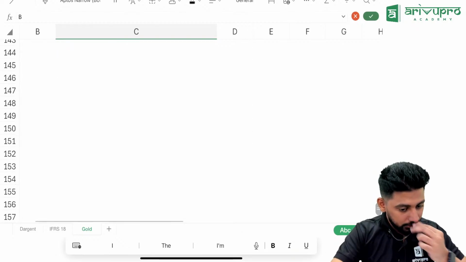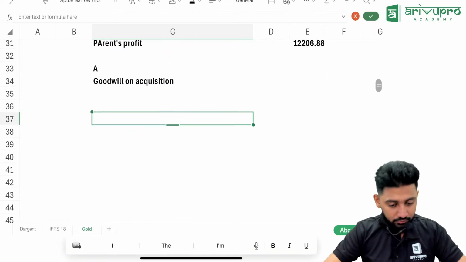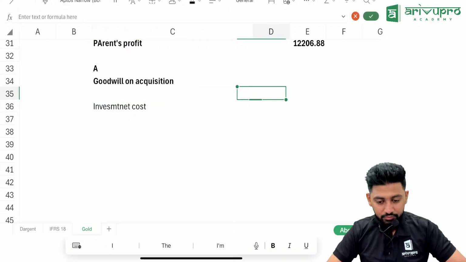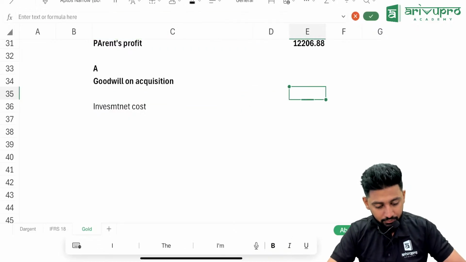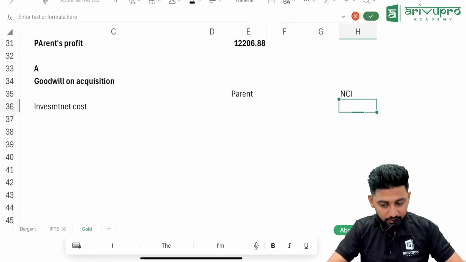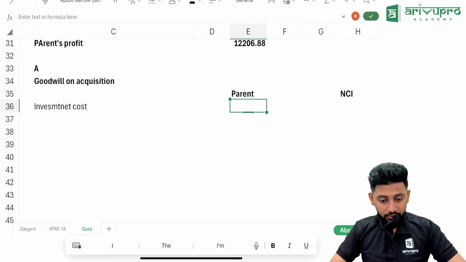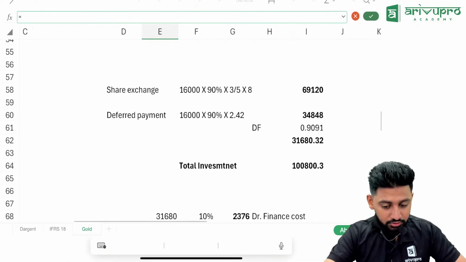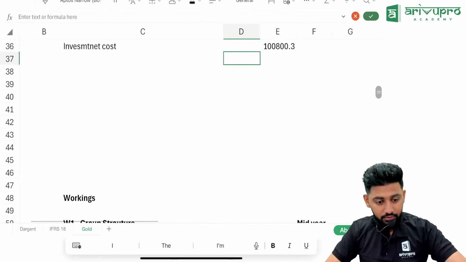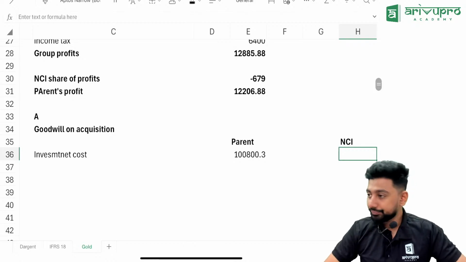I need the investment cost of the parent and then the NCI. Everybody with me? I took the parent's total investment cost, I already have it, 100,800, done. And then I need to get my NCI investment cost.